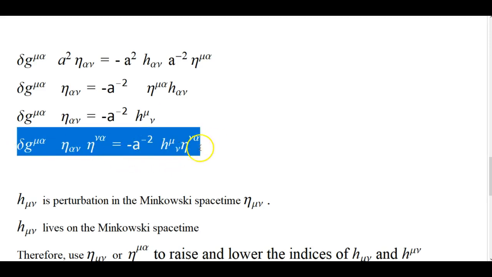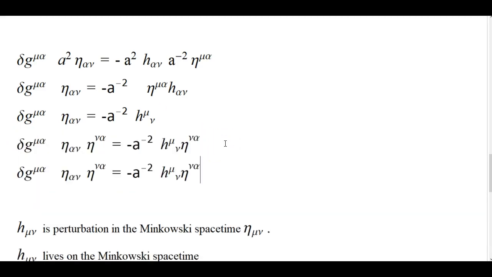Now let us see, what do we get? This guy is equal to 1. So this is 1. And this guy is equal to, we are using eta nu alpha acting on h mu nu.